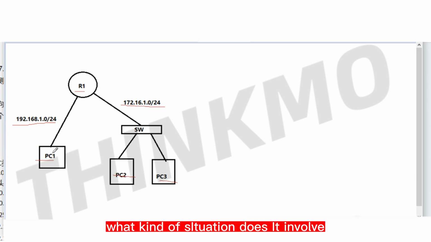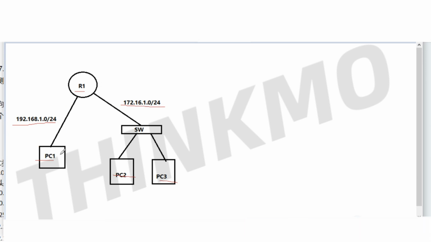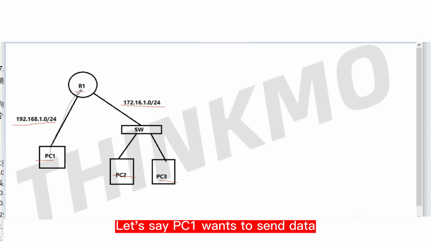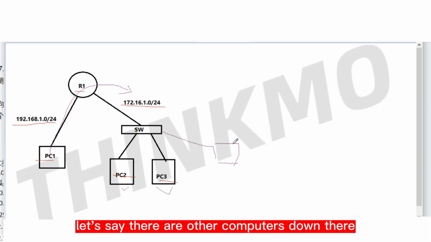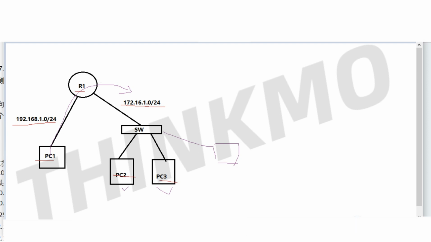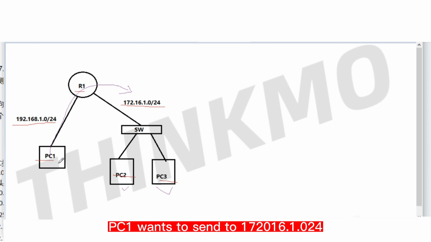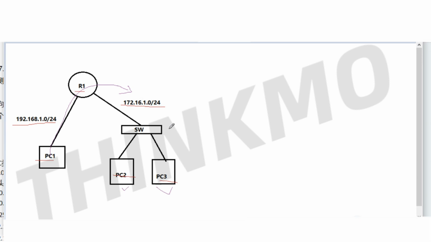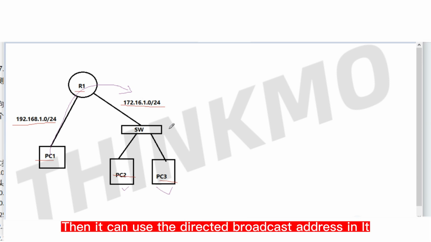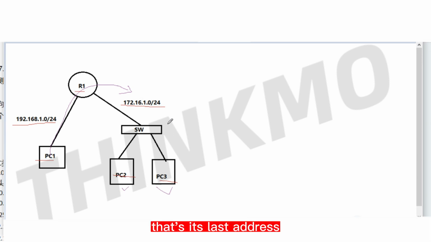What kind of situation does it involve? Let's say PC1 wants to send data to all the hosts in the 172.16.1.0/24 segment, with other computers down there. Then it can use the directed broadcast address. That's its last address.